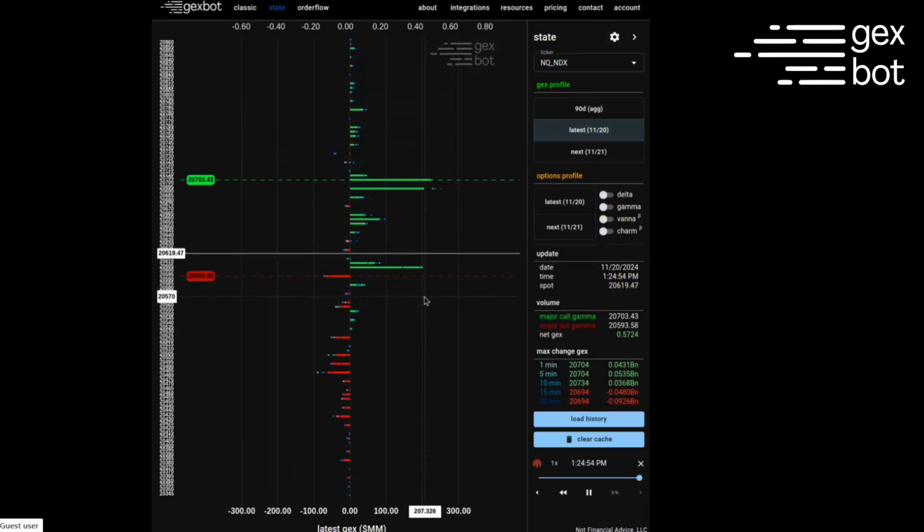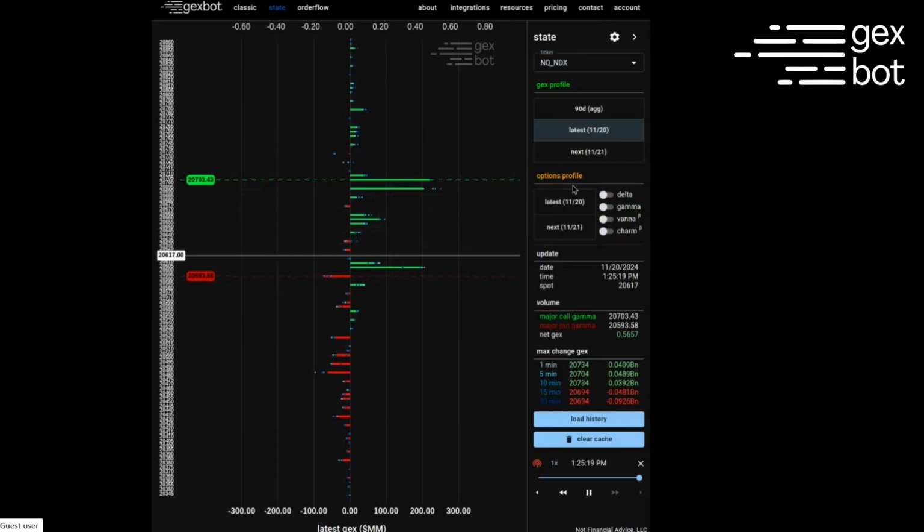Therefore, the market maker exposure is flipped. So market makers are long those calls and short the puts, such that they're long gamma or short gamma. This is just saying there's a great deal of call gamma, and the red bars are where there's put gamma, and it's ignoring the direction.